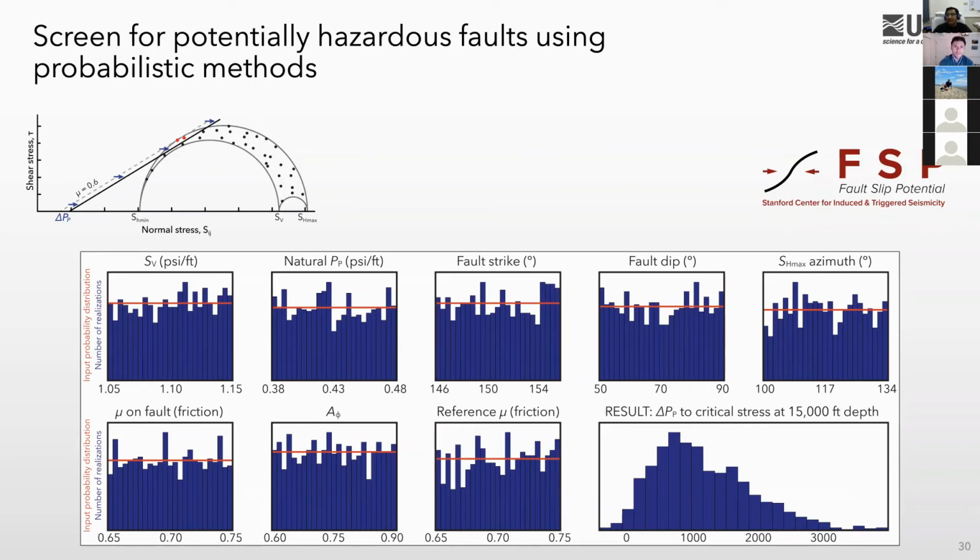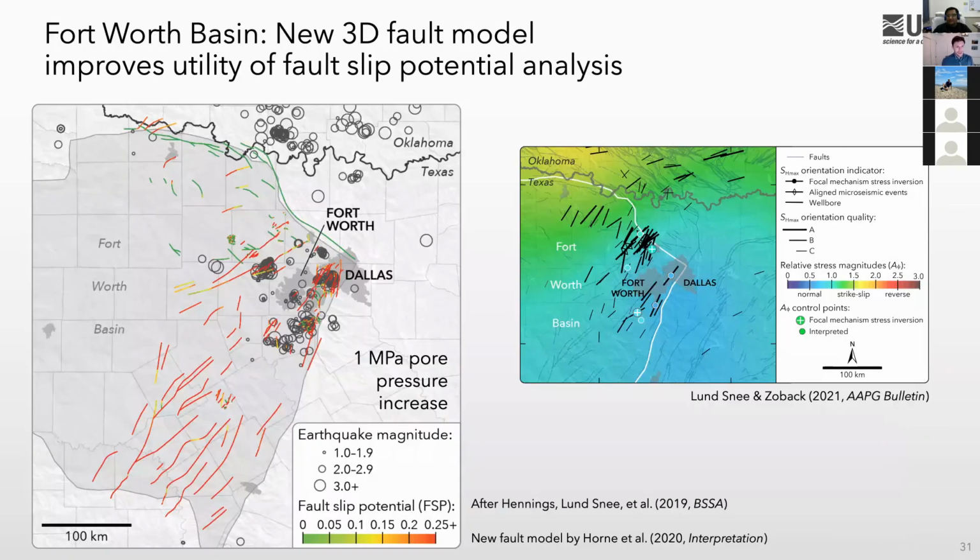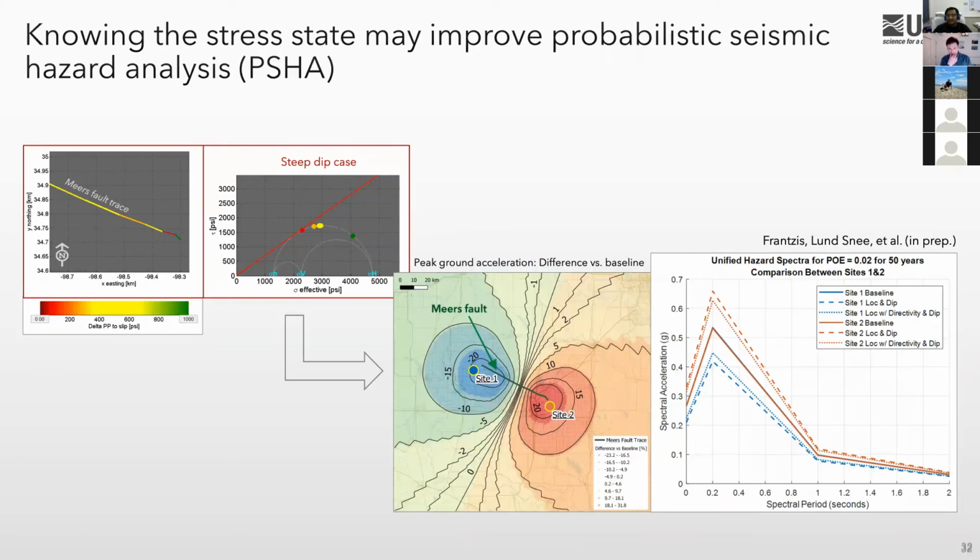Okay, thank you. There's another question from Rasha Shams. Is it possible to integrate stress-related information for developing seismic hazard maps and further into PSHA? Yes, that's what we're testing, and I think it is possible.